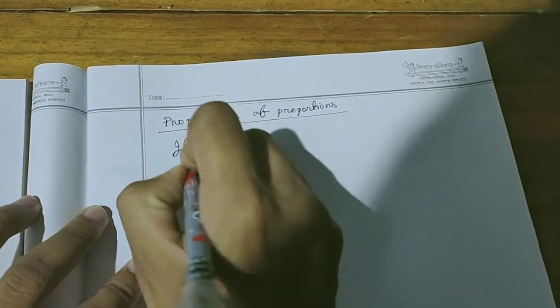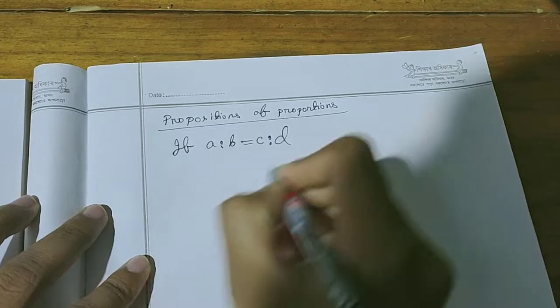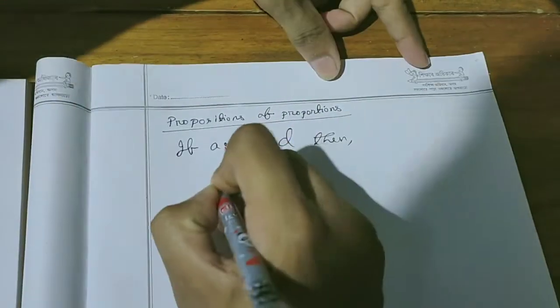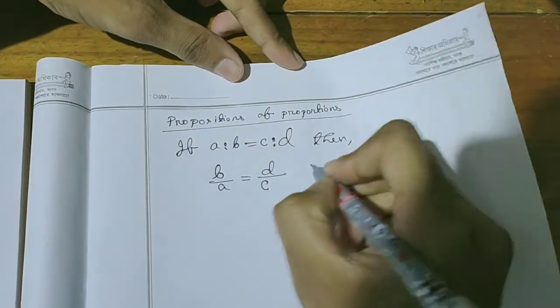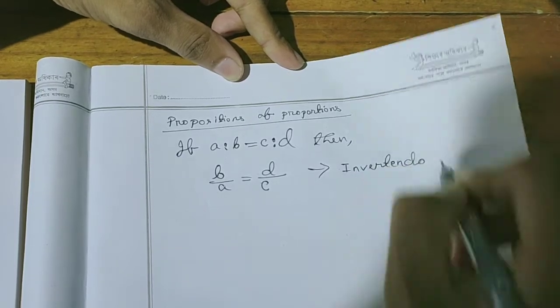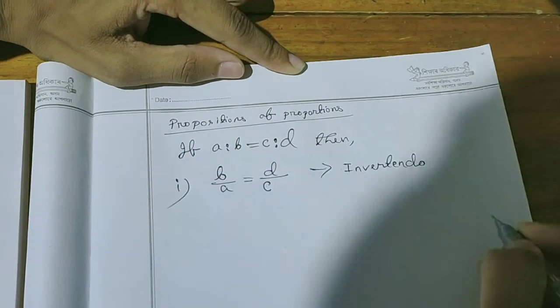So if A is to B equals to C is to D, then B by A equal to D by C. This is called invertendo. This is number 1.